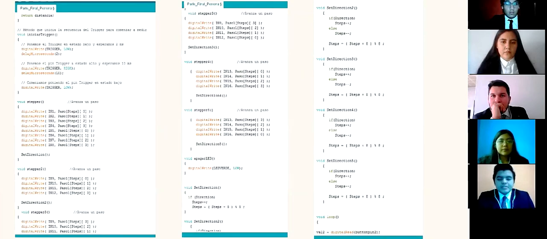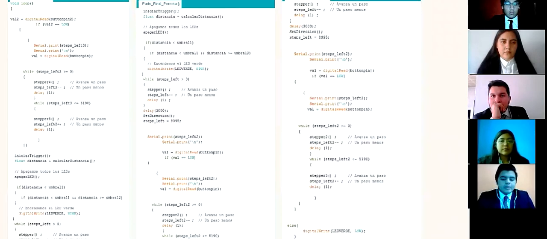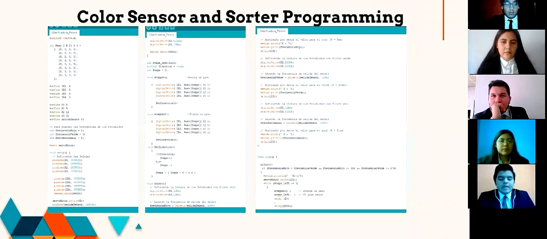In addition, we have two other stepper motors that, thanks to an ultrasonic sensor, will detect when the boxes are approaching and will begin to rotate the second band.